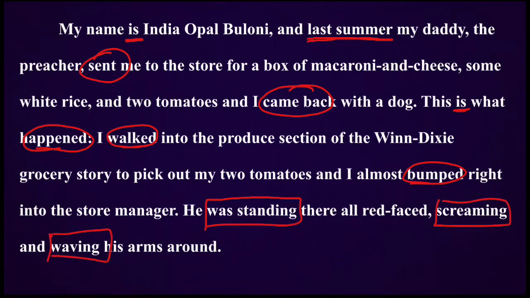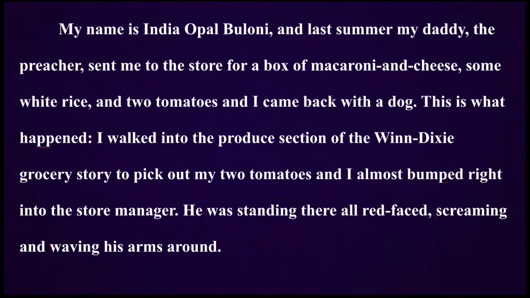These are past progressive. They're just all connected together, and that's why we don't see the helping verb for each of them. So they're using past progressive because this was happening when she came into the store or when she bumped into the guy. So it was something that was happening before she even came to the situation. That's why they're using the past progressive.